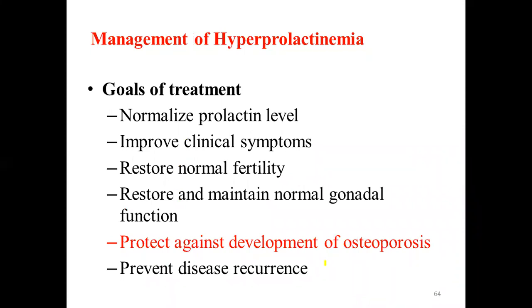So, based on your observation, what do you think about the treatment modalities for hyperprolactinemia? How do we manage it? I think by now you have at least an idea what hyperprolactinemia is, what causes it, how we investigate it, and the most common clinical presentations. So now, how do we manage hyperprolactinemia?